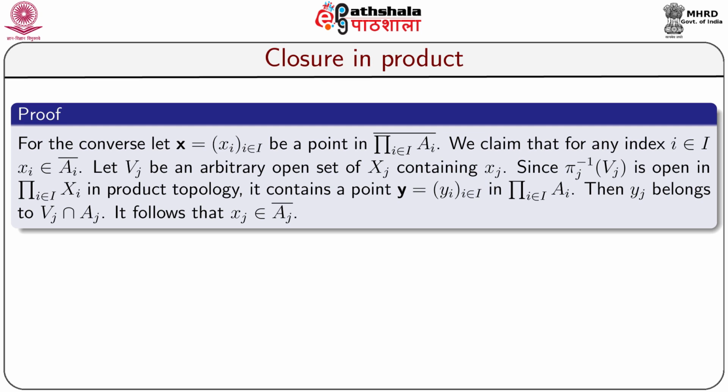So, let V_β be an arbitrary open set of X_β containing x_β. Now, since π_β inverse of V_β is open in the product topology, in fact this is a subbasic open set, it contains a point y in the product of A_α. Then y_β belongs to V_β intersection A_β. It follows that x_β belongs to the closure of A_β.